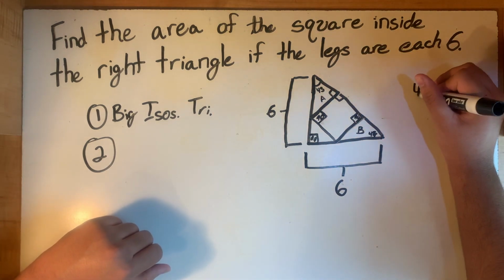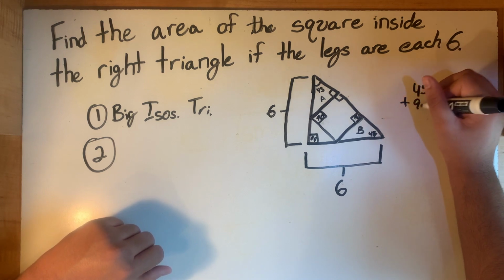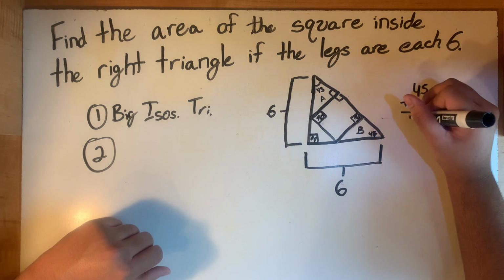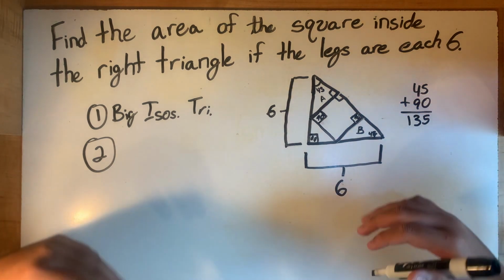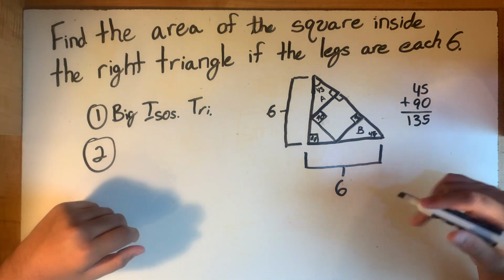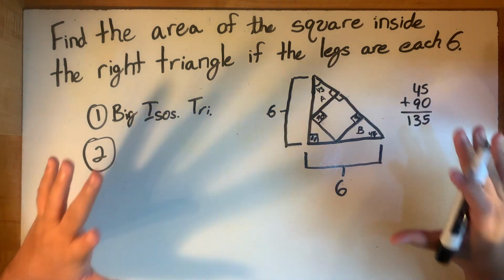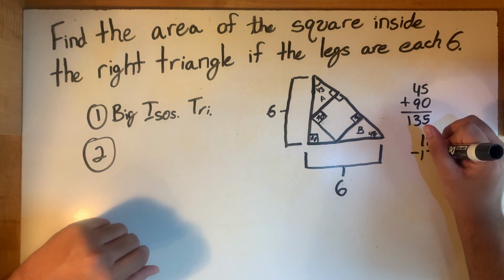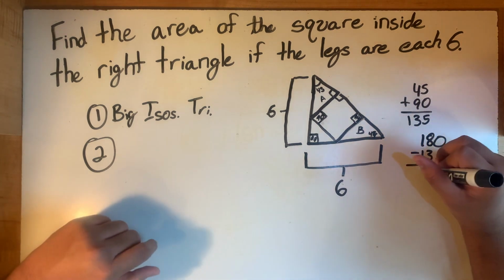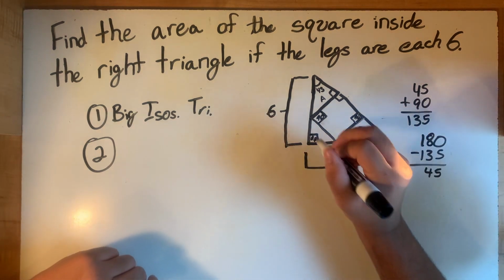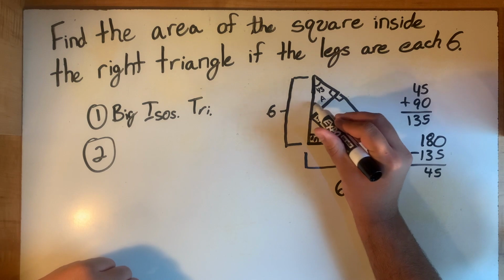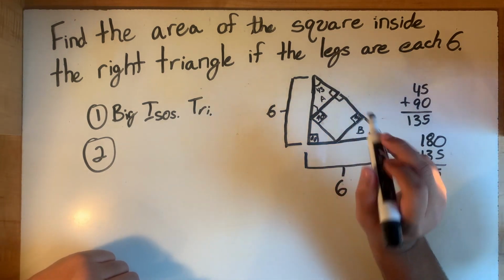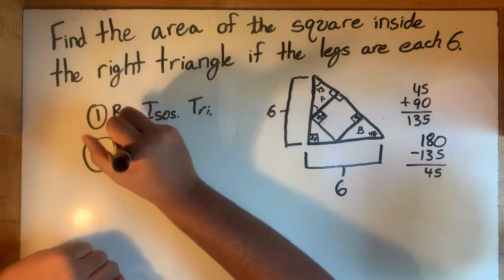So 45 plus 90 is equal to 135. We know from previous knowledge that the angles in a triangle equal 180. So 180 minus 135 is equal to what? 45. So that means this angle here is also 45, so we have another isosceles triangle.